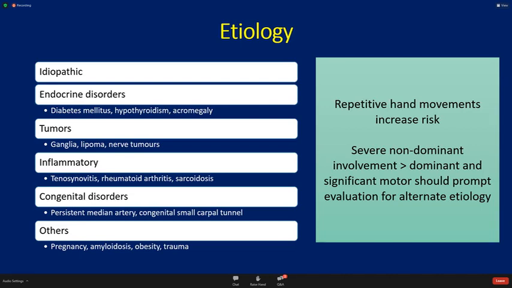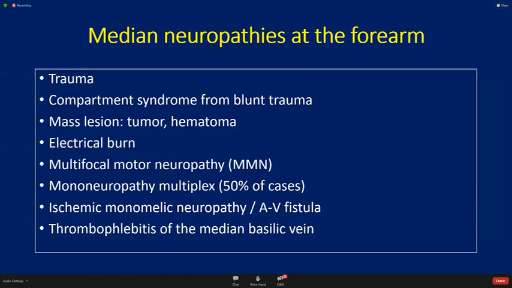So if a patient has a job or an activity which has repeated hand movements, there is an increased risk. We should also be watching out for red flags, which are evidence of a non-dominant involvement being very markedly more over the dominant hand. And if the motor is dominant over the sensory, it is good to get a more detailed evaluation and rule out that it is not an idiopathic carpal tunnel syndrome.